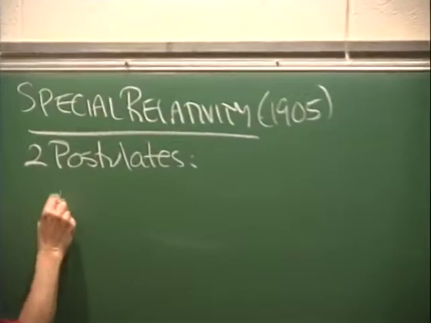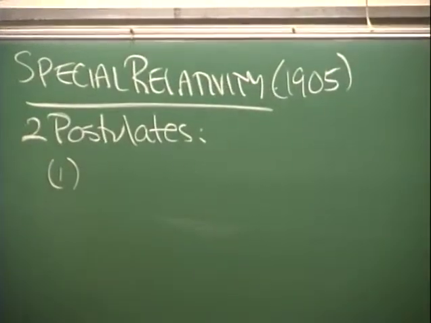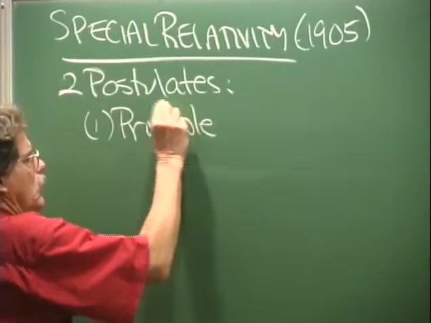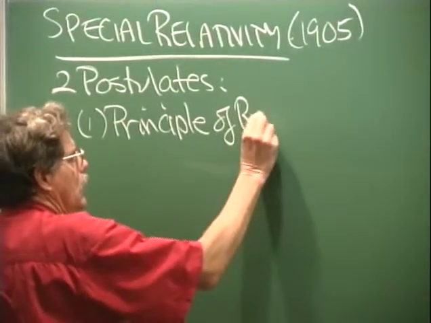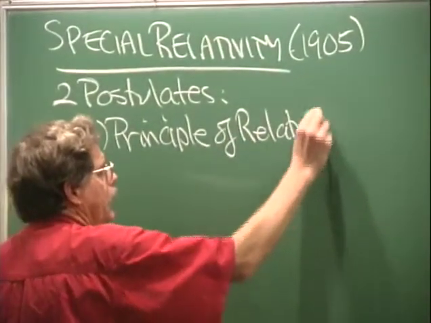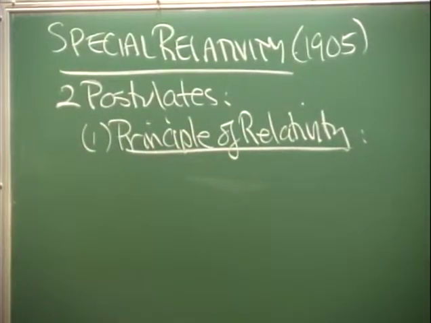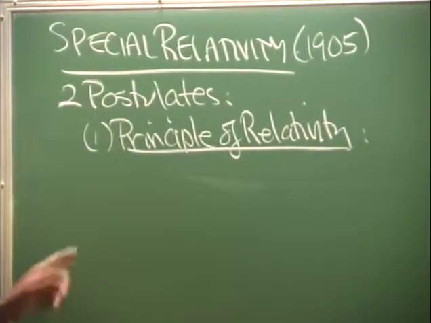Two postulates. First, the principle of relativity itself. The principle of relativity is the first postulate of the theory of relativity.